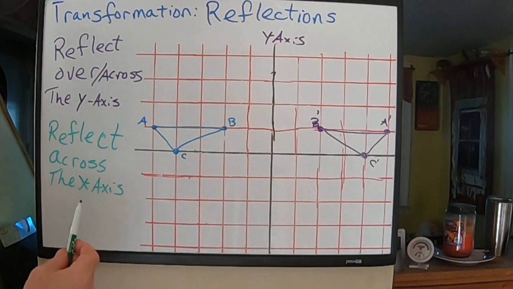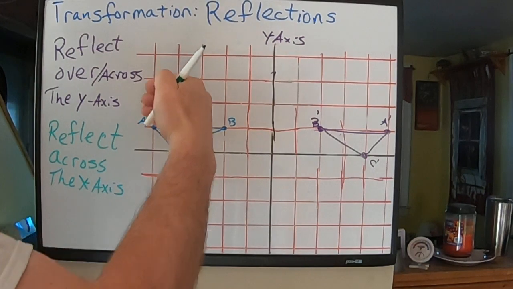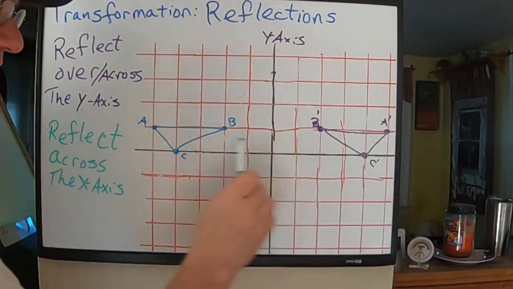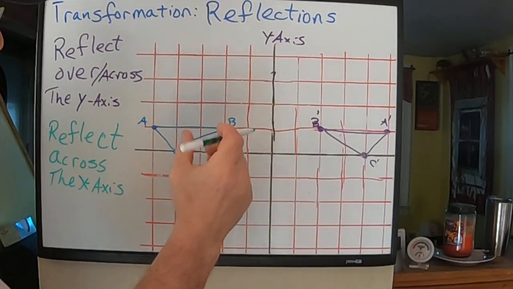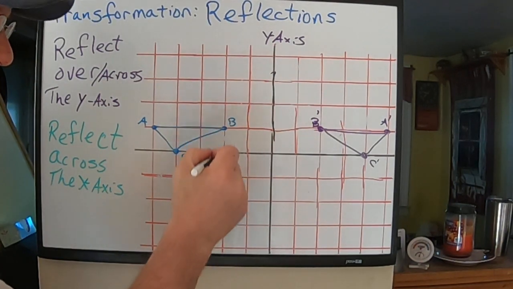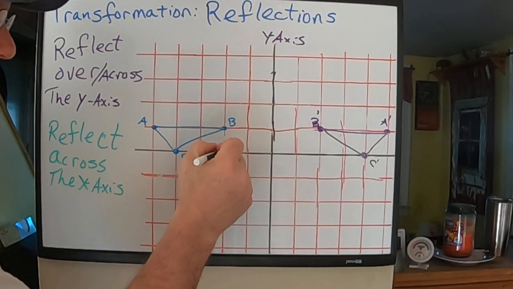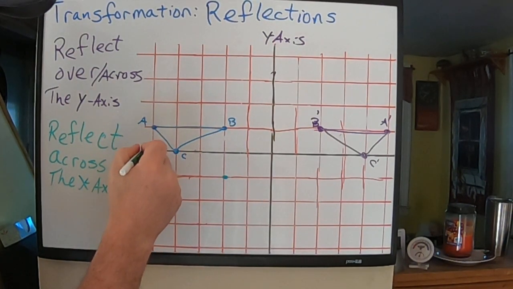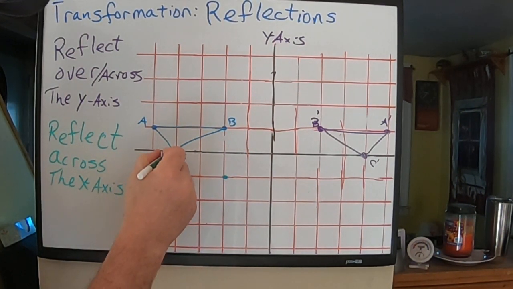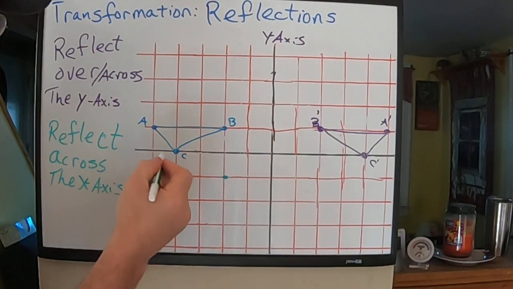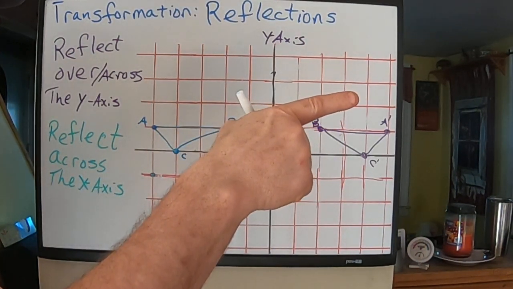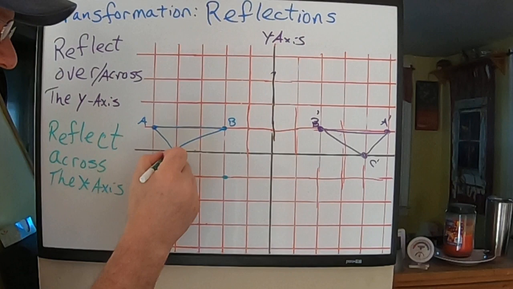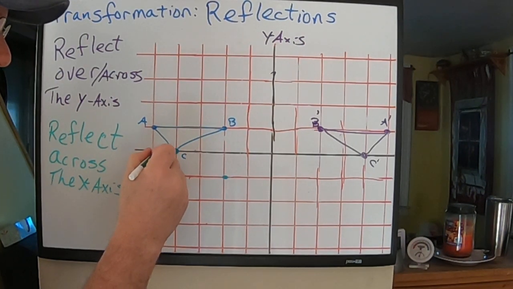If I'm reflecting it over the x-axis, I'm going to count straight towards the x. So I count 1 past it. I count 1 past it, and this one's right on it. If you're touching the mirror, doesn't it look like you're touching your own finger? So that's going to stay where it is.